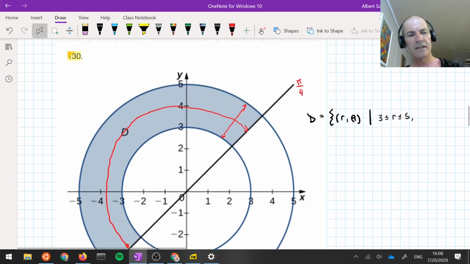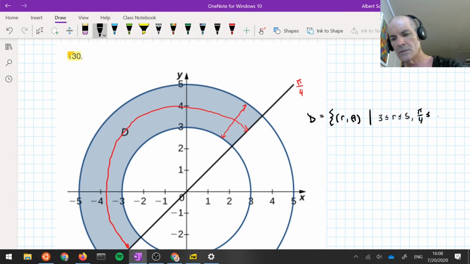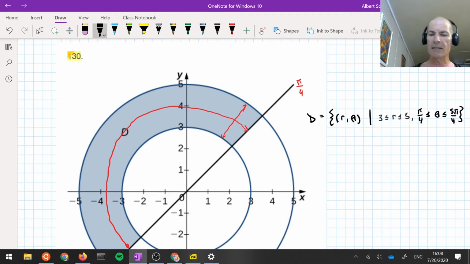And this, in fact, gives us the limits in the theta direction: pi over 4 less than or equal to theta less than or equal to 5 pi over 4. So there is a mathematical description of the set D.